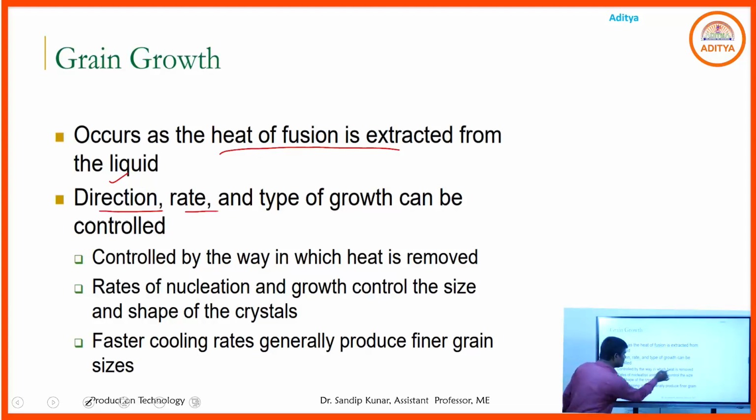And it is controlled by the way in which heat is removed, means the removal of the heat also controls the solidification. Directional solidification means solidification starts from the mold surface towards the center.